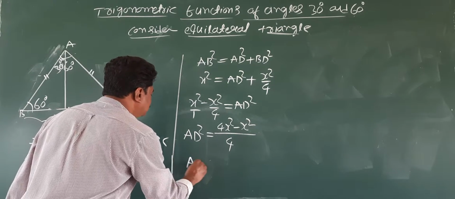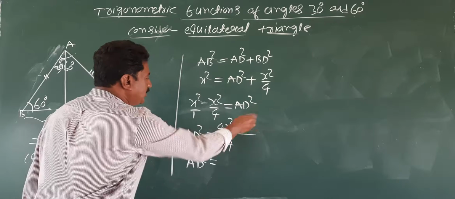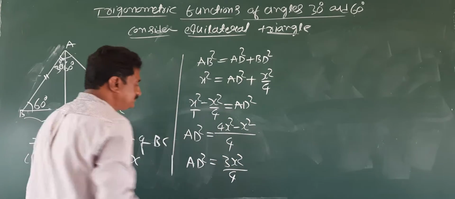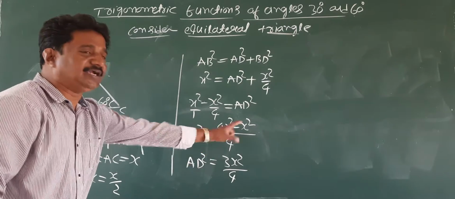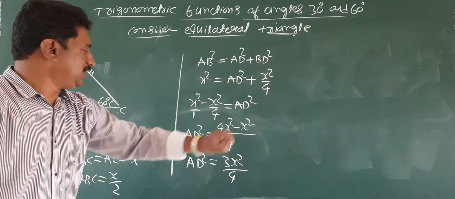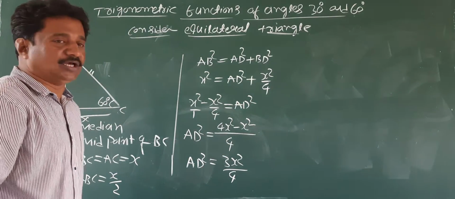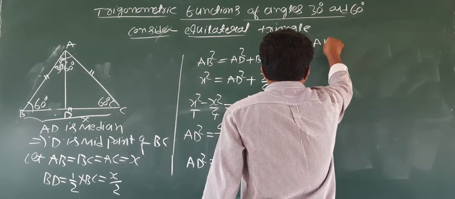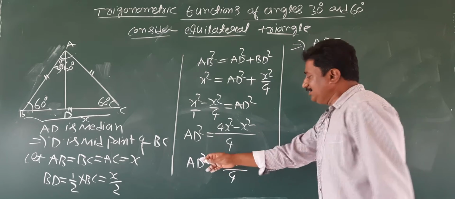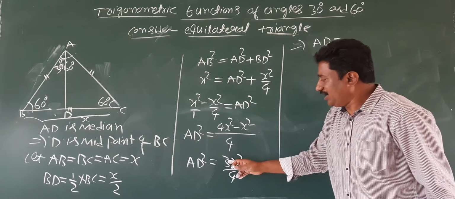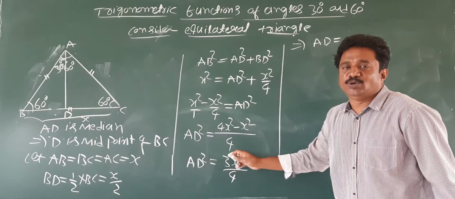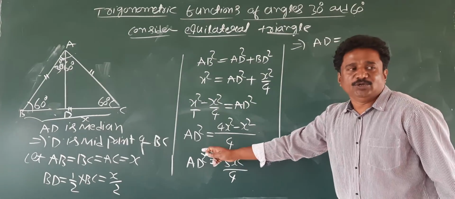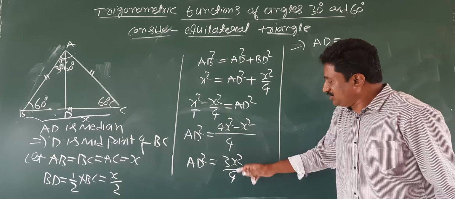AD square equals 4x square minus x square, 3x square by 4. Send that square to the right side. If I send square to the right side, it becomes root. So length of AD is root 3, root applies for each term.